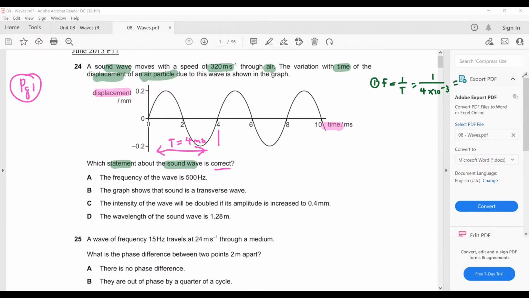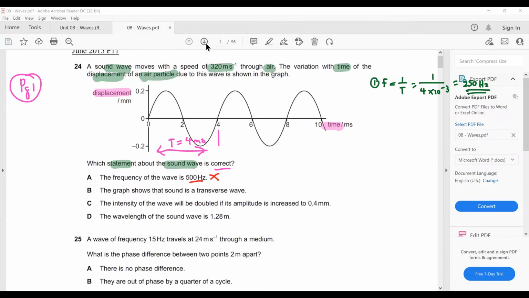You're going to get 250 hertz. So if they tell you the frequency of the wave is 500 hertz, this is obviously wrong. It should be 250 hertz. Sorry. Okay.